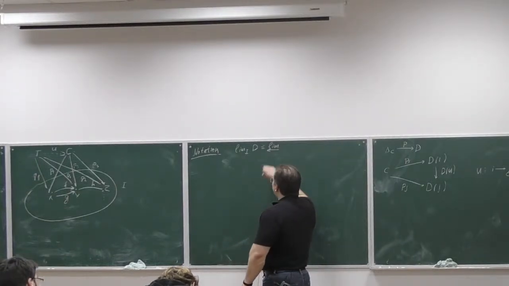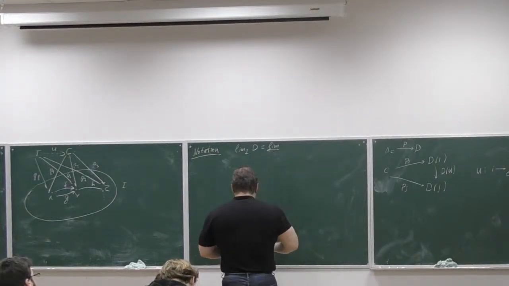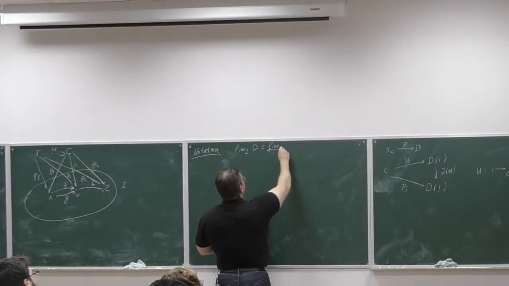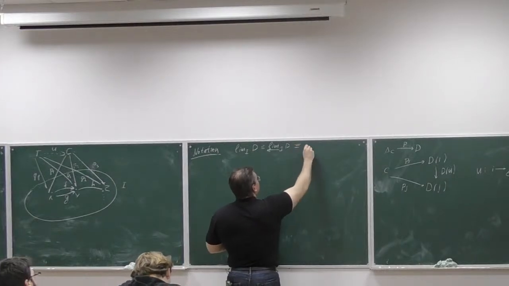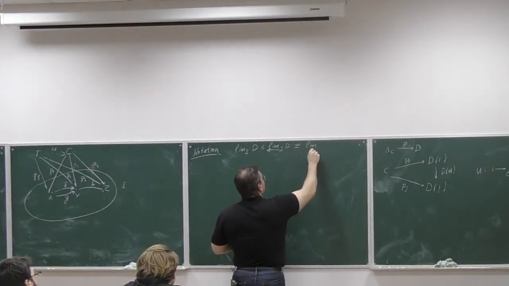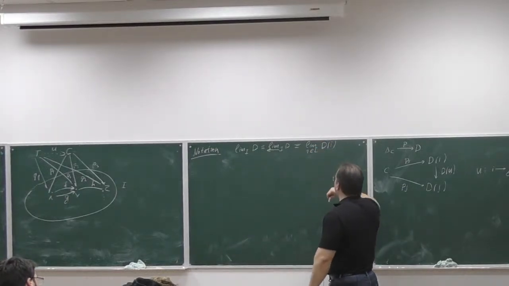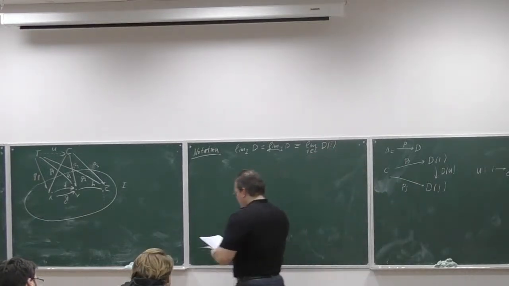It doesn't make sense at the moment. It will make sense next week when we discuss some examples. And sometimes people even write something like lim over I in I of D of I. In some formulas it's useful to use this index to see what index you're using to get the correct formula.